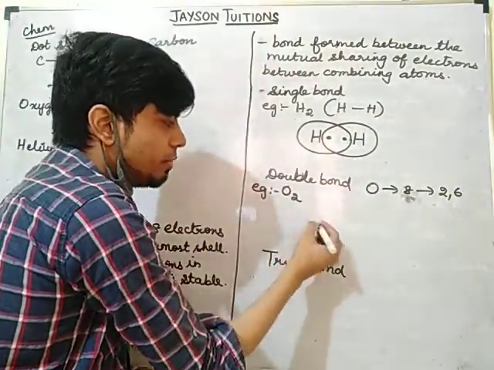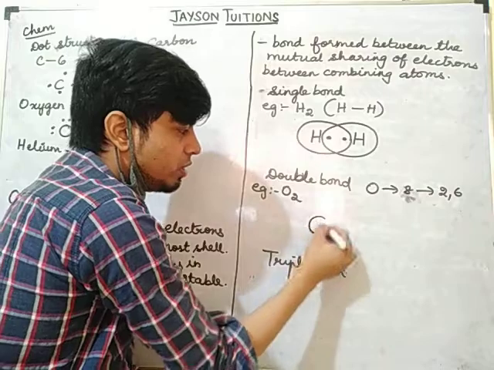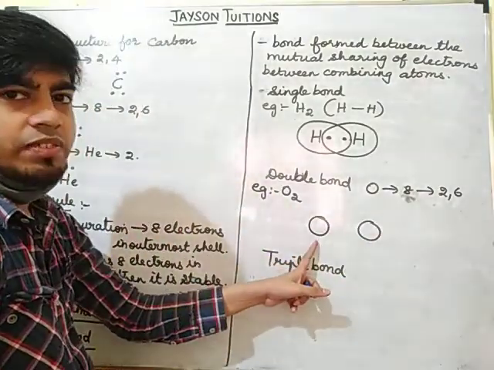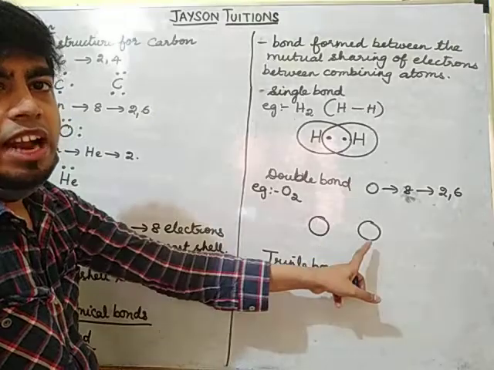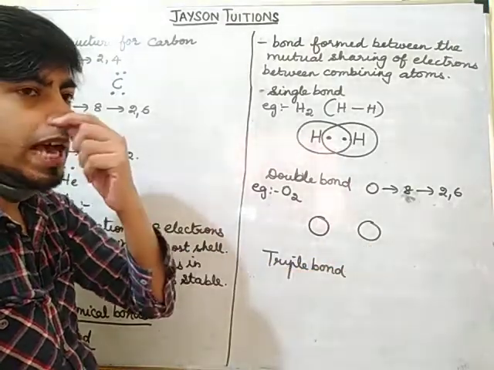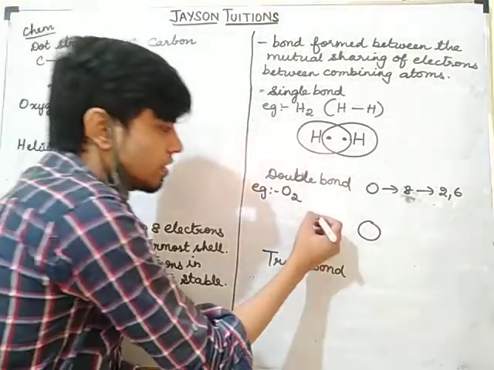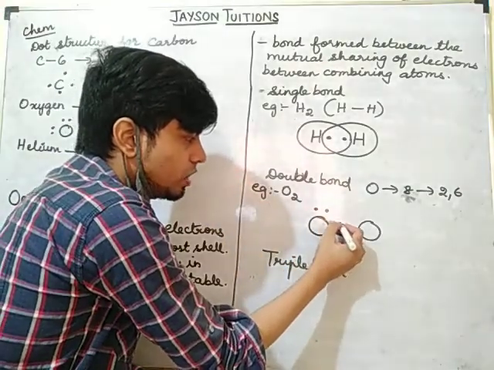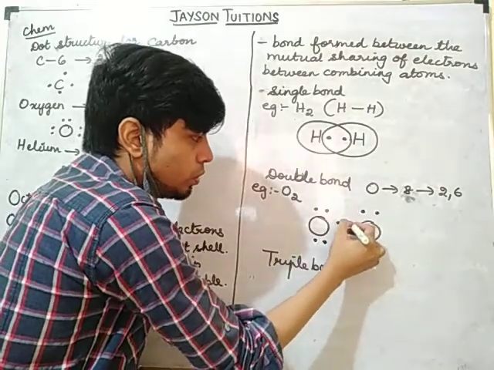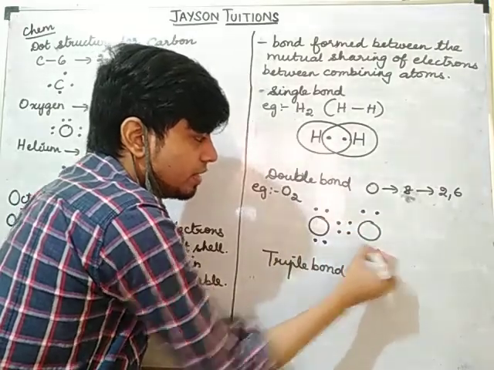So oxygen means O2. O2 means what? 2 oxygens are there. For this oxygen we keep 6 dots, and for this oxygen also 6 dots, but it will share only 2 electrons. So 1, 2, 3, 4, 5, 6. 1, 2, 3, 4, 5, 6.